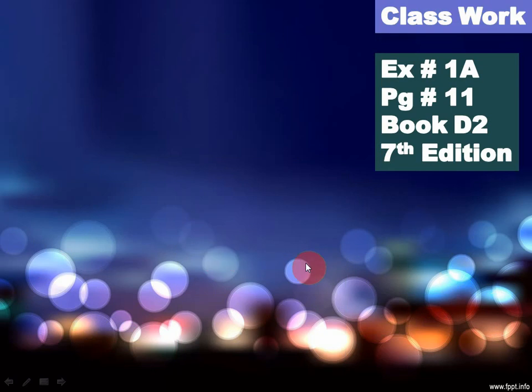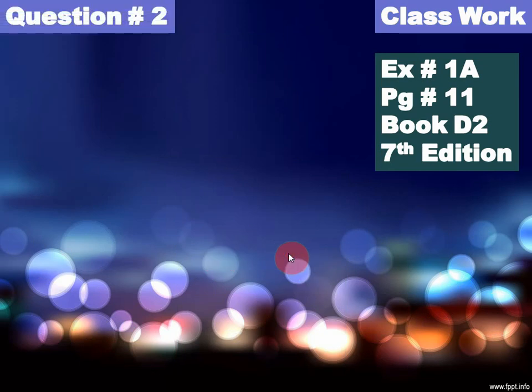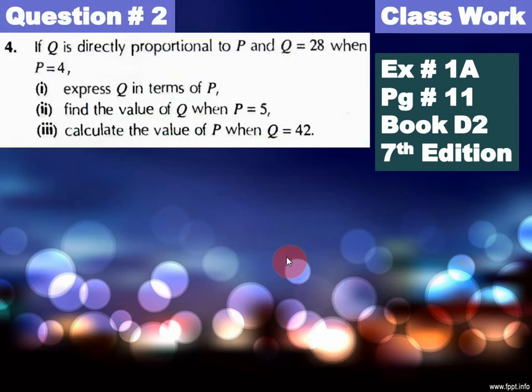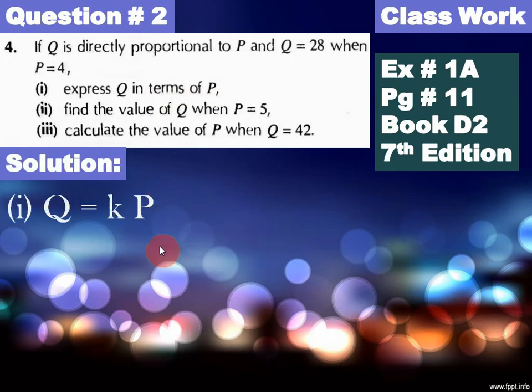Next, moving on, question number 2. Question number 2 is again from exercise number 1a, which is actually question number 4 of this exercise, page number 11. It says if q is directly proportional to p and q equals 28 when p equals 4, express q in terms of p. Now the solution for this question is, first we have to write the equation q equals k times p.